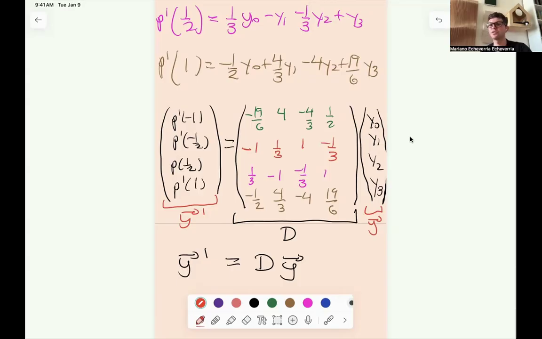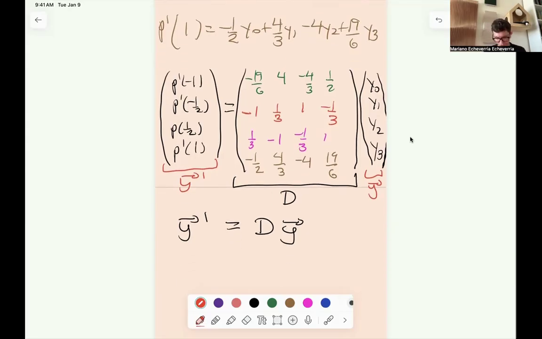Okay, so now I can tell you something that's kind of cool about this matrix, because I still haven't said what is one of the nice properties that it has. What is nice about a differentiation matrix?